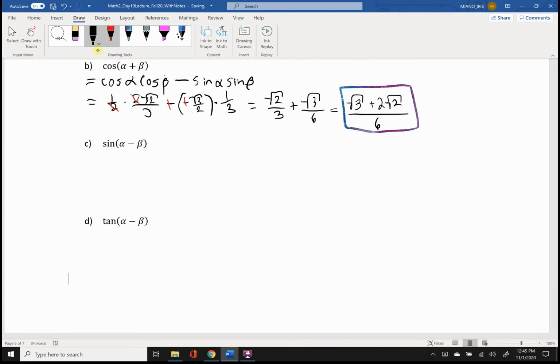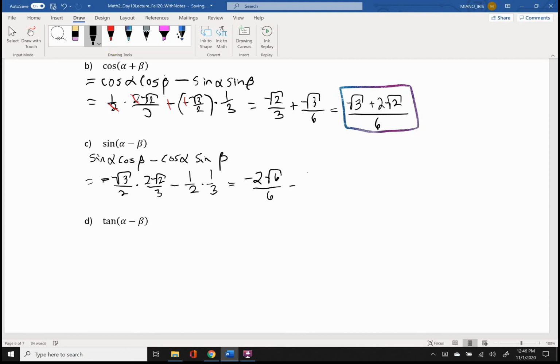All right, so the sine is going to be sine, cosine, cosine, sine, which equals negative root 3 over 2 times 2 root 2 over 3 minus 1/2 times 1/3, which equals negative 2 root 6 over 6 minus 1/6.